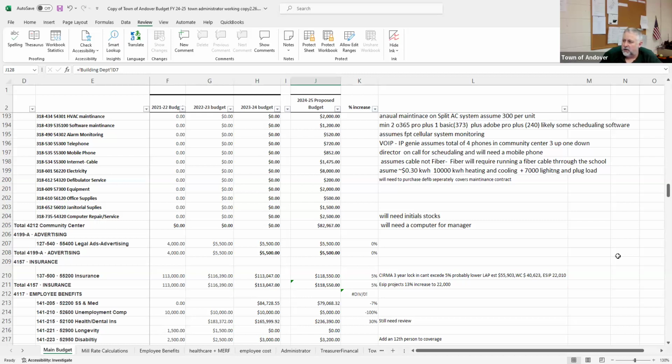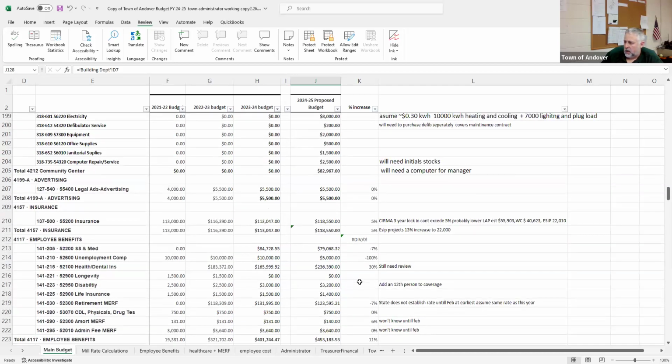Given how many senior activities we're going to have, the defibrillator will be a requirement. How much do those cost? They're only $1,500. They're not super expensive, but you do have to maintain them every year, and you have to redo the batteries, and you have to test them, and so on. So that's why I built that into there.